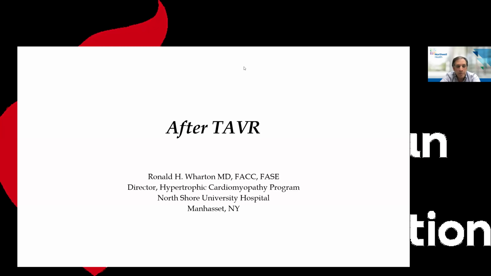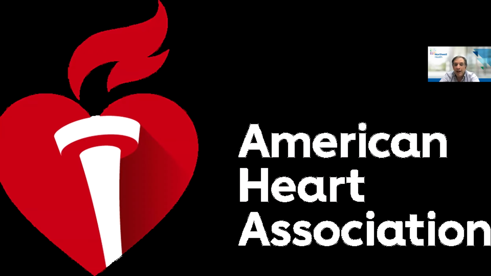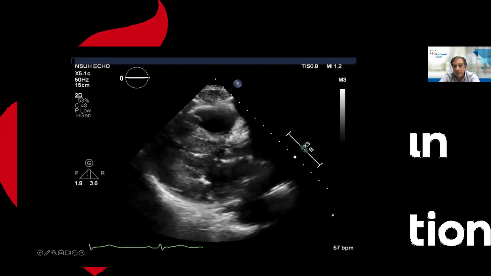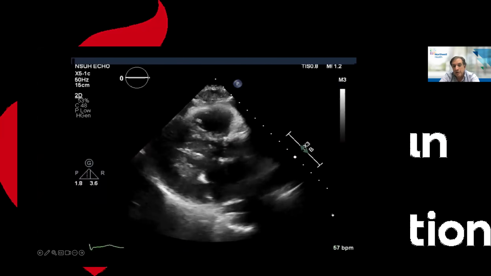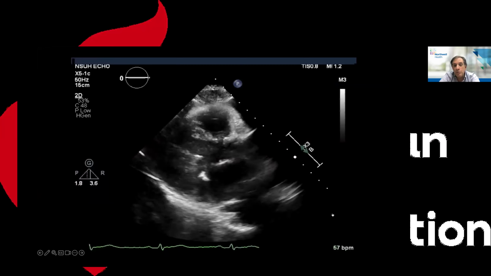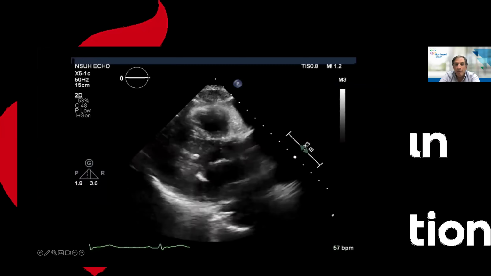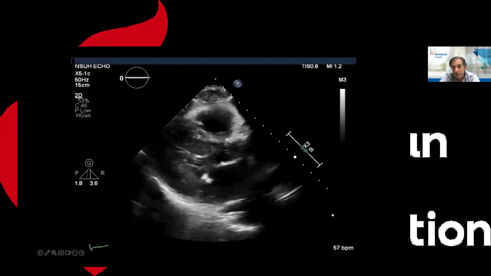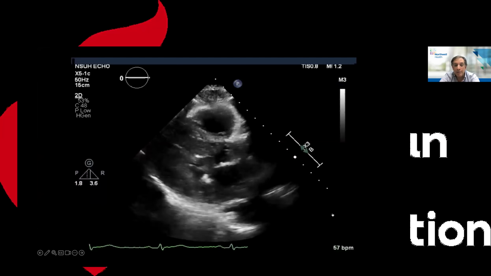Transcatheter aortic valve replacement, I believe in the United States, has been going on now for almost 15 years. I think the first cases started around 2010. And it's revolutionized the way we take care of patients with good old-fashioned aortic stenosis. These patients were often referred to the operating room, and many of these patients were high risk for going to the operating room and having a sternotomy.